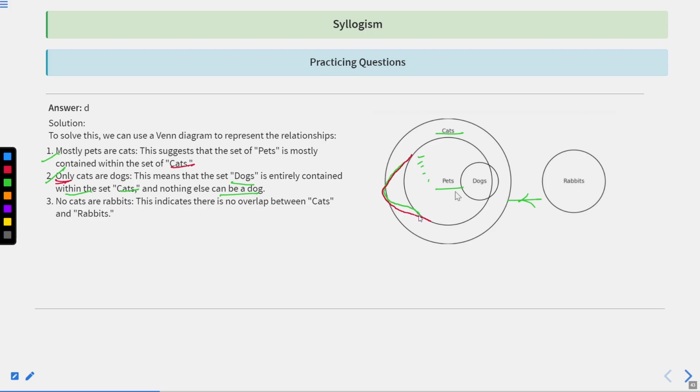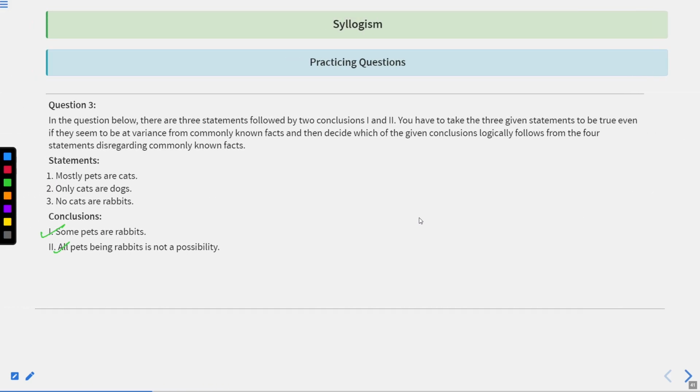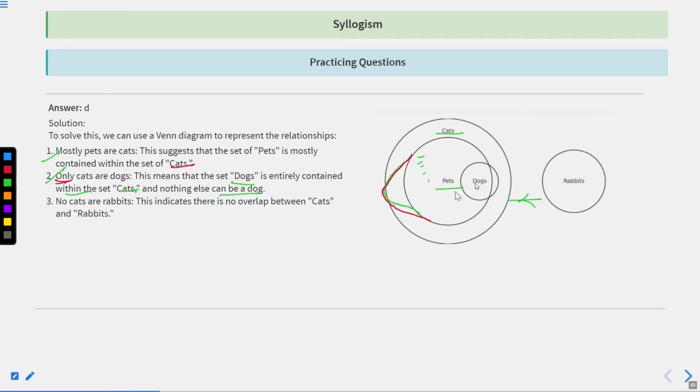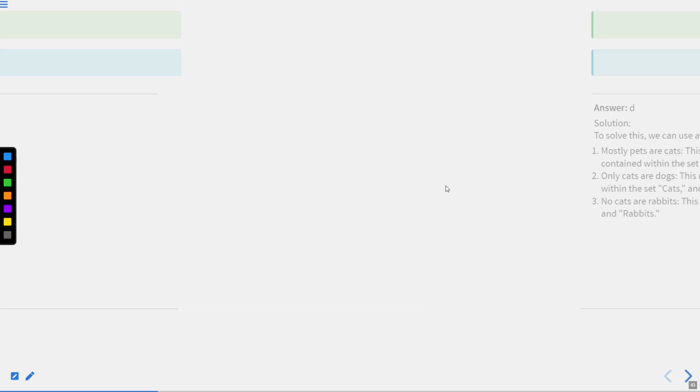And then all pets being rabbit is not a possibility.